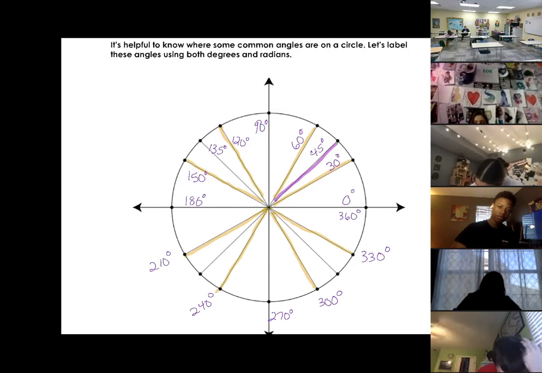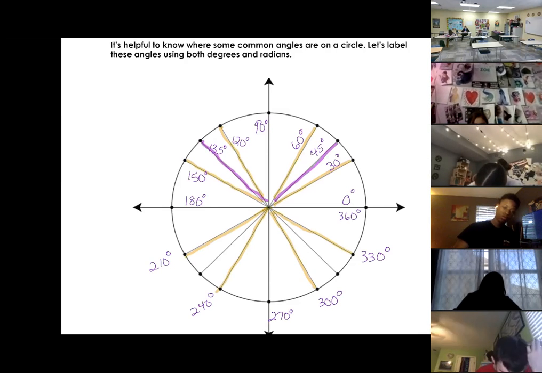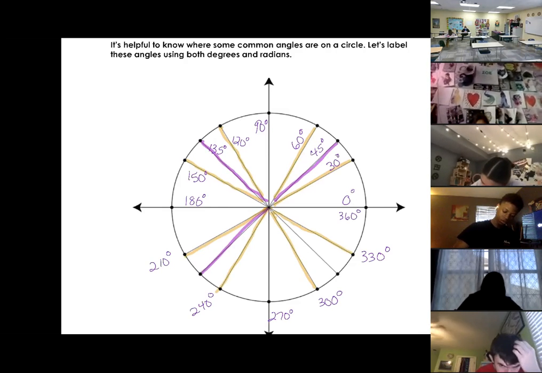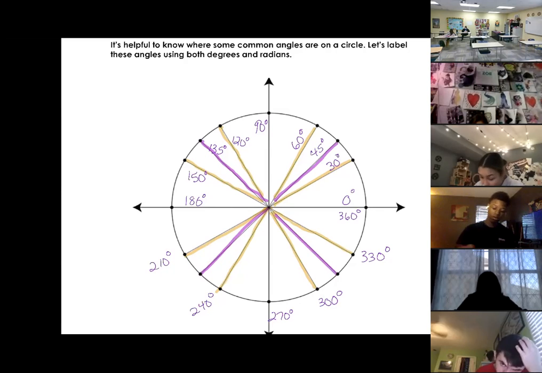Okay, now these lines divide the quadrant into 45 degrees. It does half of your right angle. So that's 45 degrees.